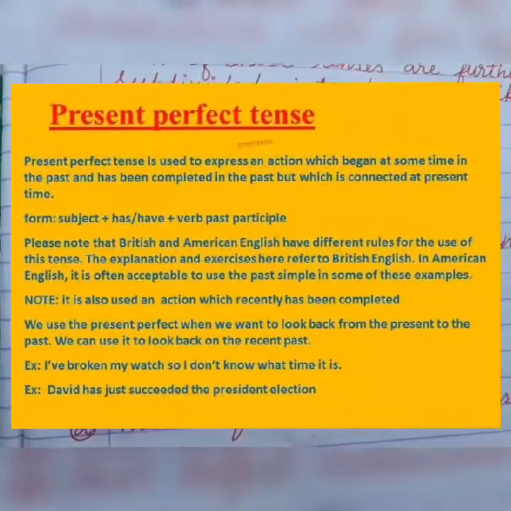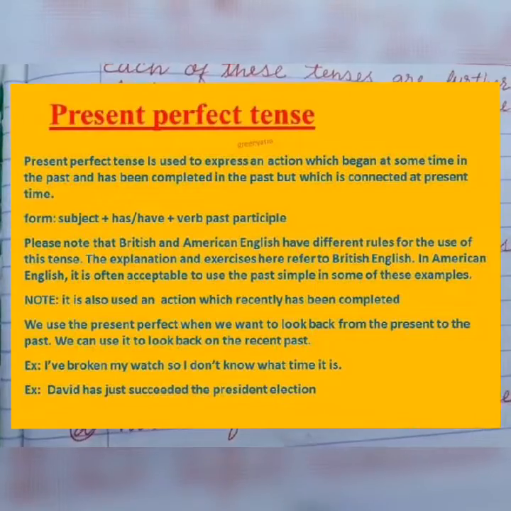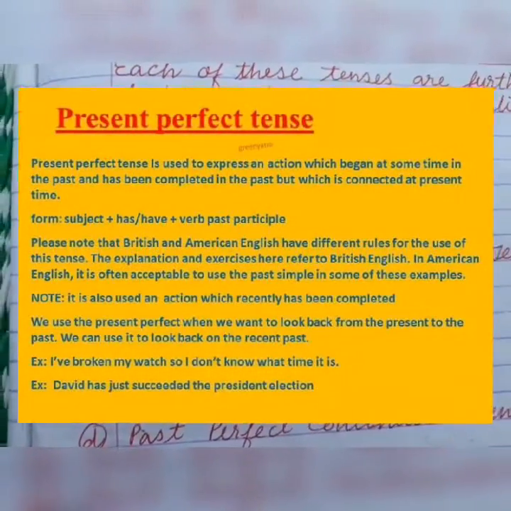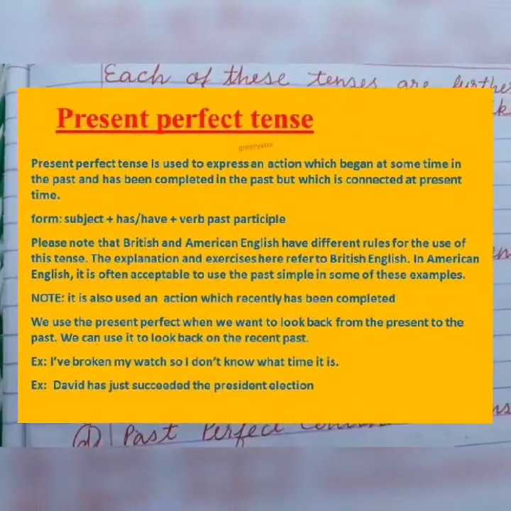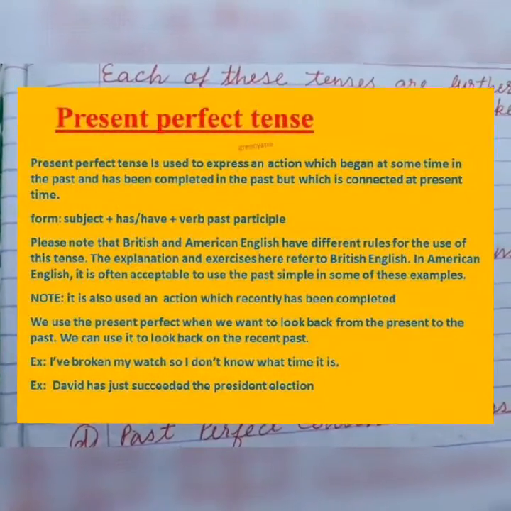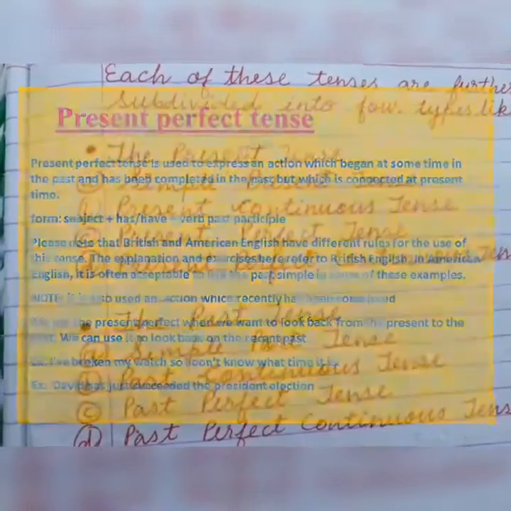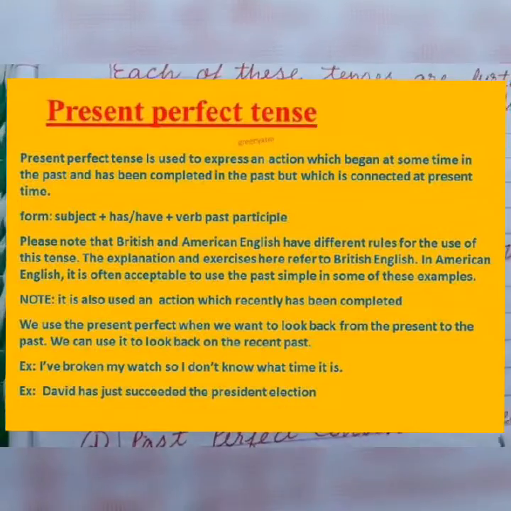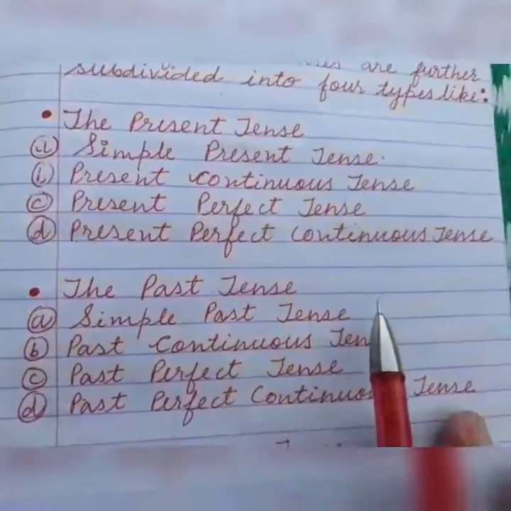But if you have eaten in the morning and your stomach is full, you do not require any food, then you will say I have eaten in the morning. Meaning if the completed work's effect still remains in present time, then you will use present perfect tense.